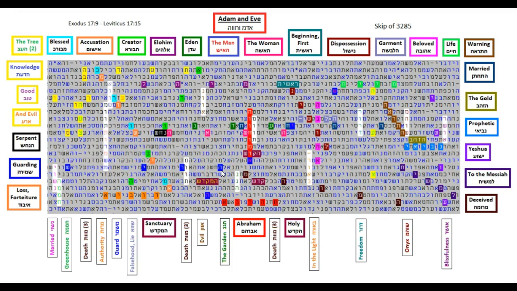They had free access to the tree of life. Tree of life is here. This is tree, the tree, ha-etz, and then life is right above it, haim.